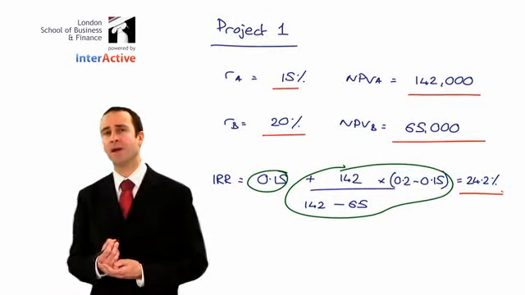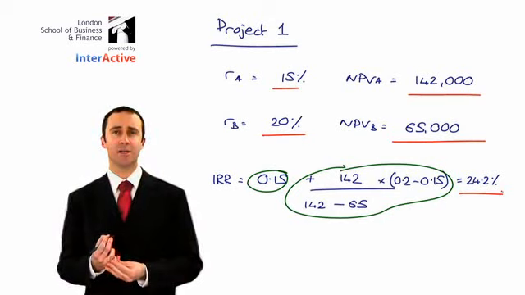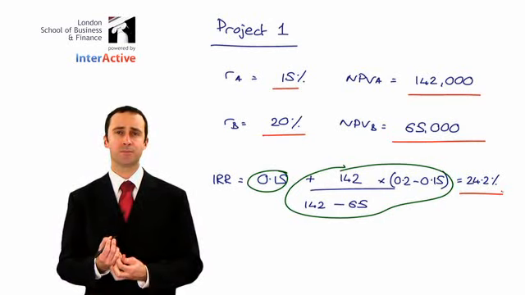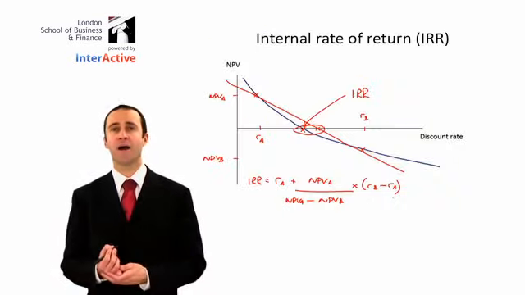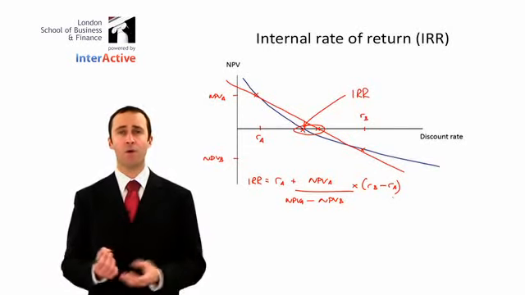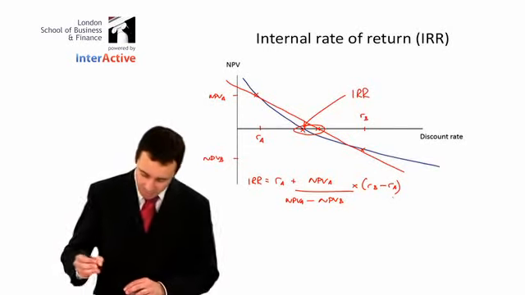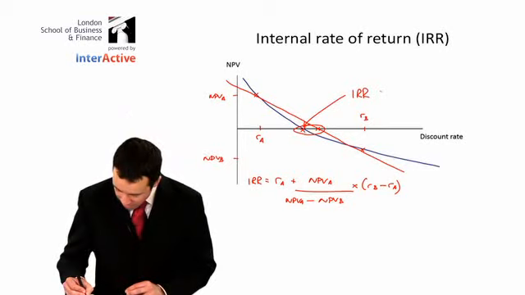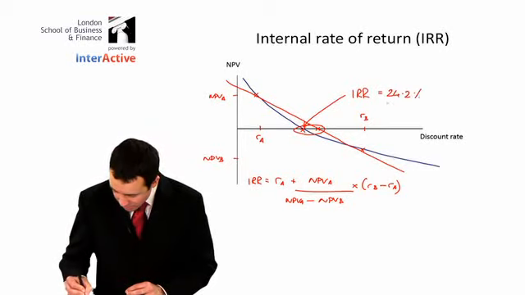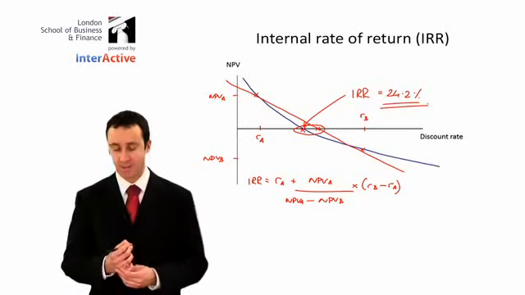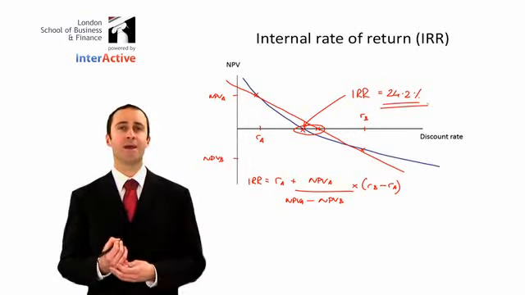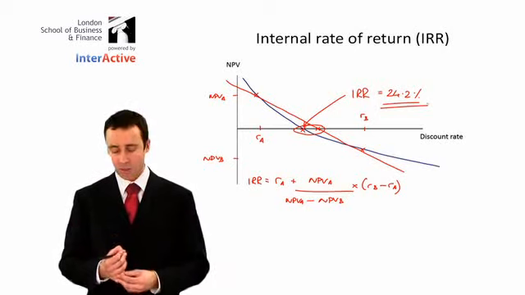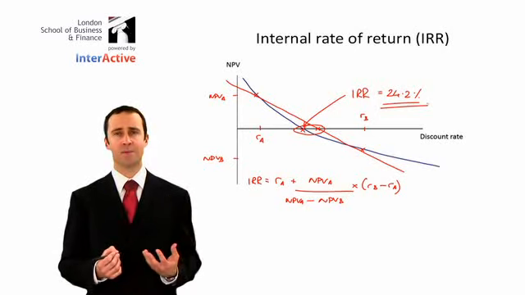So how do we go through then and use that as a decision-making tool? Well, if we look at the diagram that we were playing around with before, what we have there in terms of our decision is the fact that your IRR we have calculated at 24.2%. And this company had a discount rate, a cost of capital, at 15%.